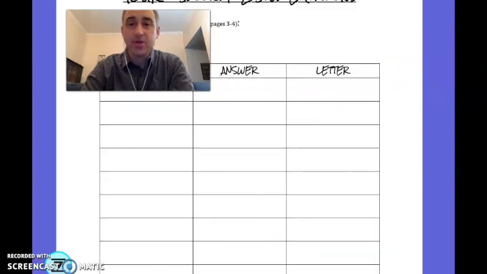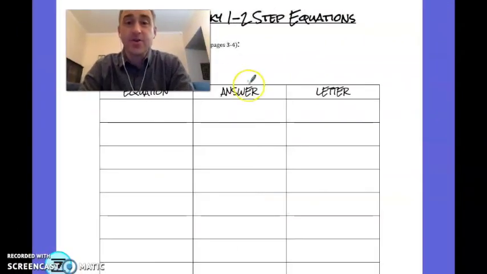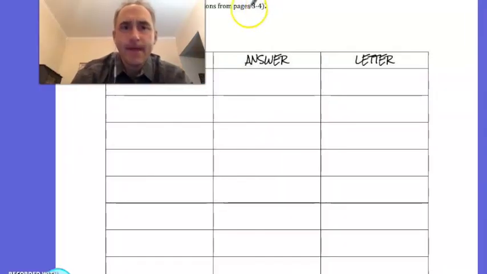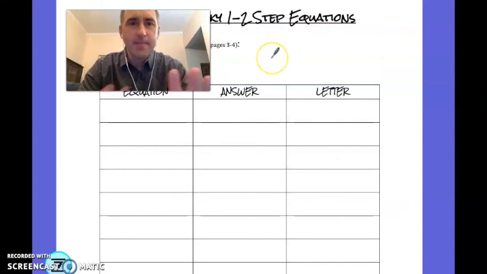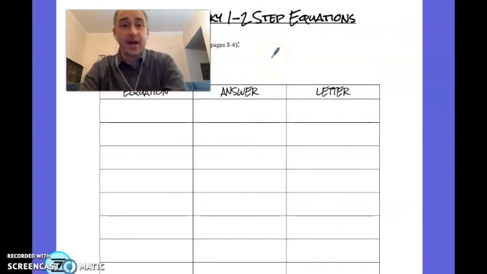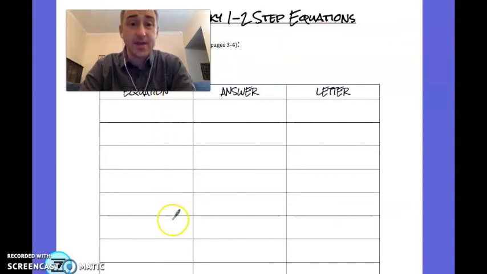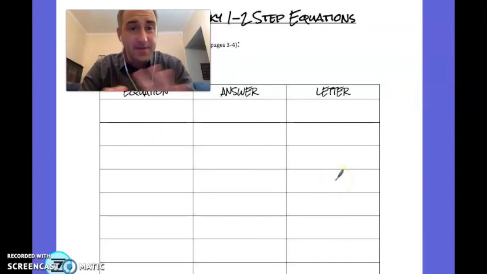Remember, your equations are the letters here. You're going to give us the answers, and you're going to give us letters that match these letters. So again, at minimum, what Ms. Hoffman and I need you to do is come up with 10 equations, if nothing else.